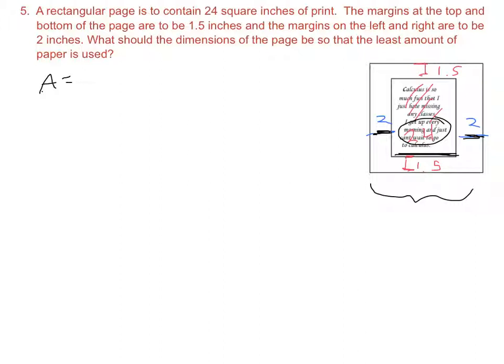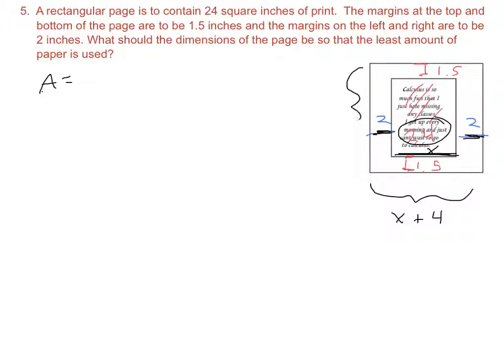So I'm going to let the inside part be x, and then this outside area would be x plus 4 for the 2 margins. You could do it the other way. We could set it up like we did the previous problem and have this whole distance be x, and then the inside distance would be x minus 4. Either way, I'm just choosing to put the x on the inside for this particular problem.